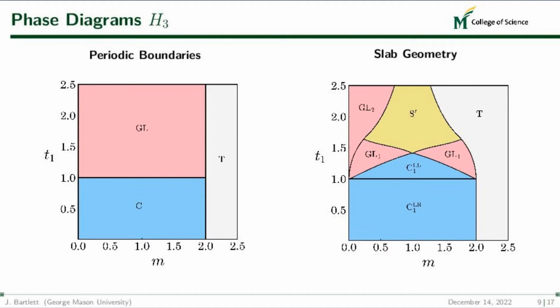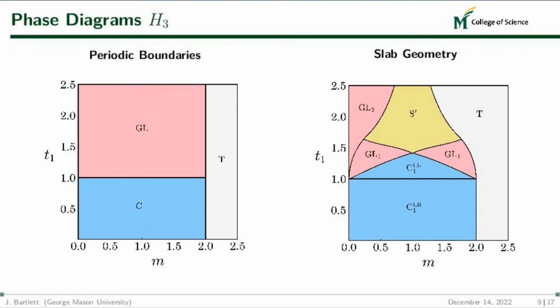So first off, we want to compare the different phase diagrams for the periodic boundary conditions versus the slab geometry. So periodic boundary conditions is like an infinite lattice, and then the slab geometry is what I showed on a previous slide.